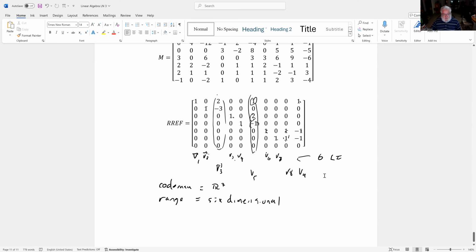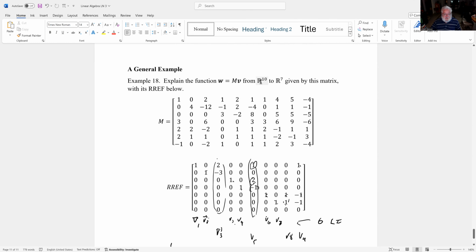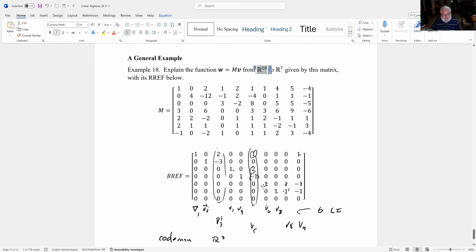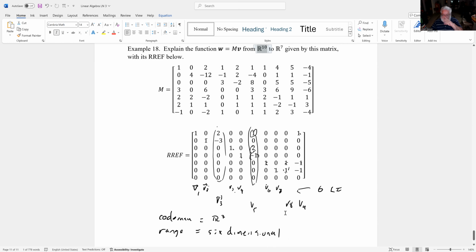And those 4 vectors, right, we started out in 10 dimensions, and we went down to a 6-dimensional range. And so those 4 vectors are sort of the 4 dimensions that we lost along the way. And so we end up with a 6-dimensional space inside of 7-dimensional space.